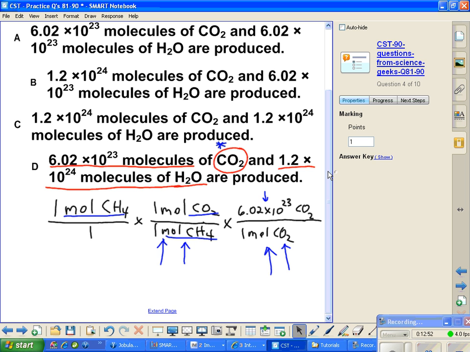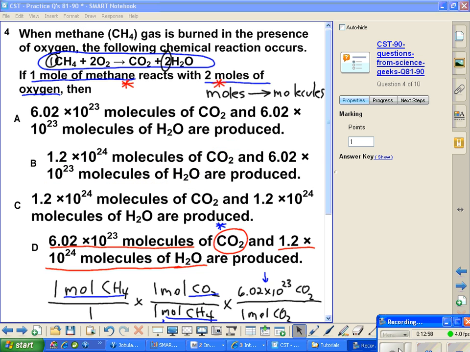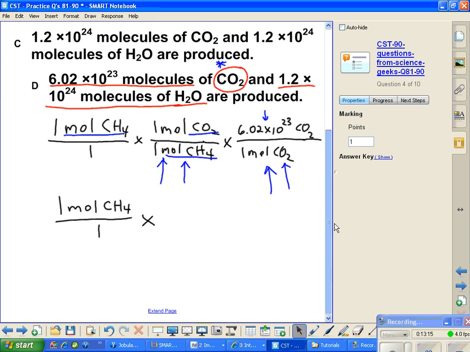Now, the next part is to figure out if we have 1.2 times 10 to the 24th molecules of water. What I've done is circle the mole ratio of water to methane, and you can see that's a 1 to 2 relationship. Because that's a 1 to 2 relationship, I'm going to again start out with 1 mole of CH4, which is equal to 2 moles of the water.